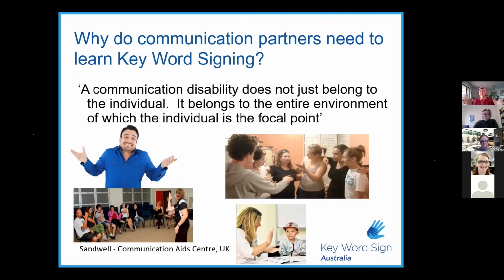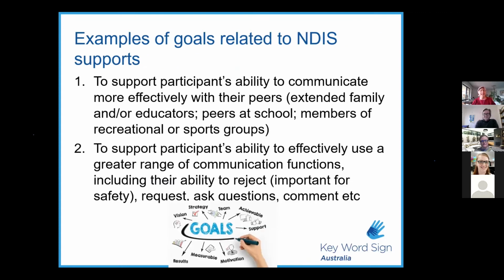It actually belongs to their entire environment. And so you want people who are out there in the environment of the participant who's going to be using keyword sign as part of their multimodal communication to be able to understand and use keyword sign too. So that's a bit of a challenge, but it's just about making the case, and there are ways around that.